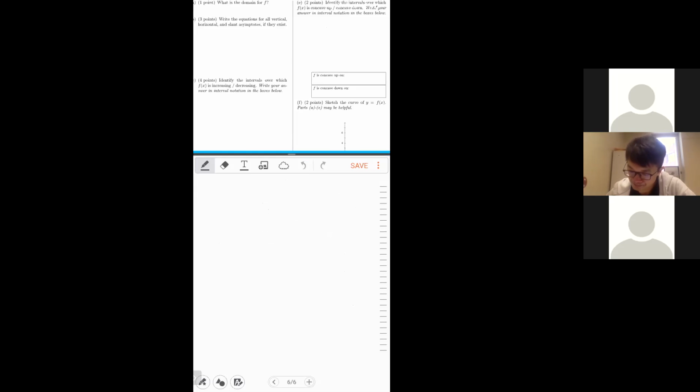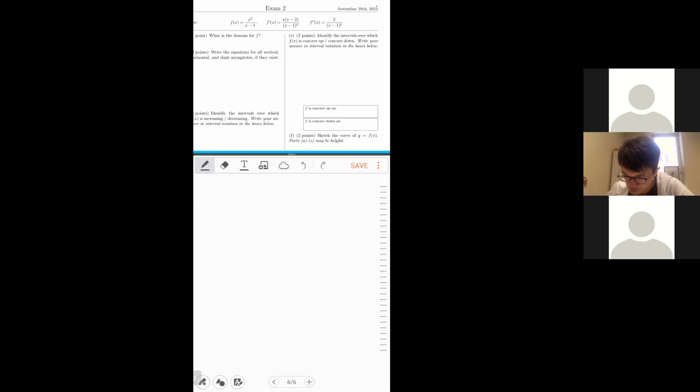Any other questions? All right, so we have solved questions on part C and part D. So let's move on to part E. Identify the intervals over which f of x is concave up or down.